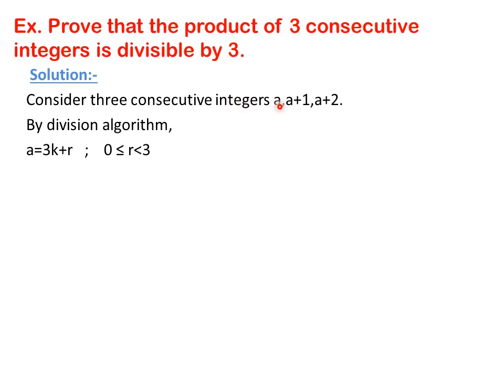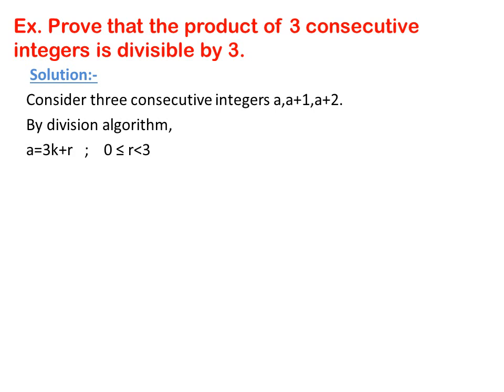So if we divide this integer a by 3, then we will get some quotient k and some remainder r such that a equals 3k plus r, with the restriction on this remainder r that r can be 0 or greater than 0 and strictly less than the divisor, that is 3. So by using this restriction on r, we will get a in 3 possible forms.